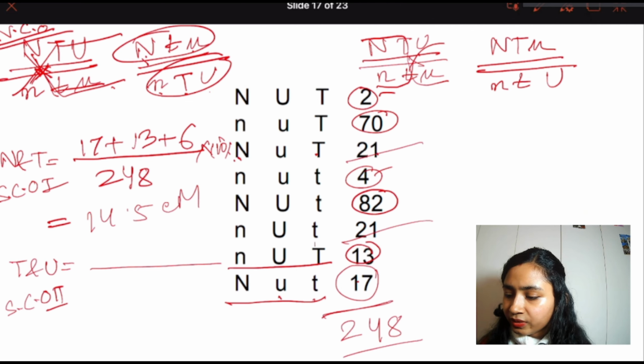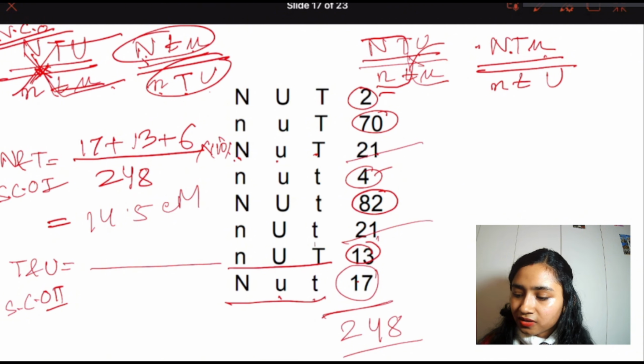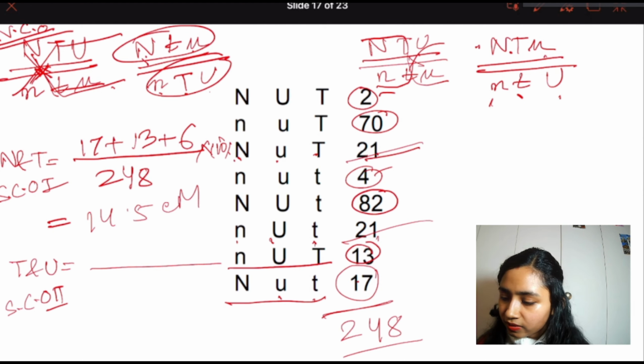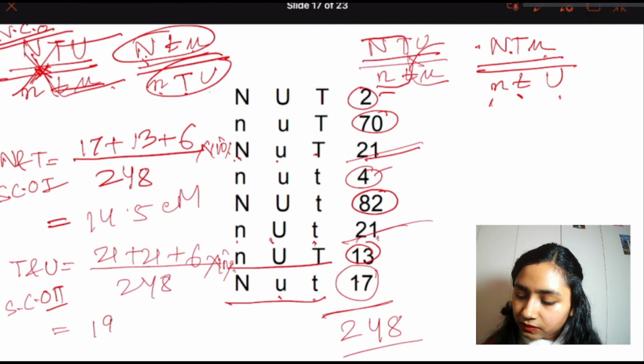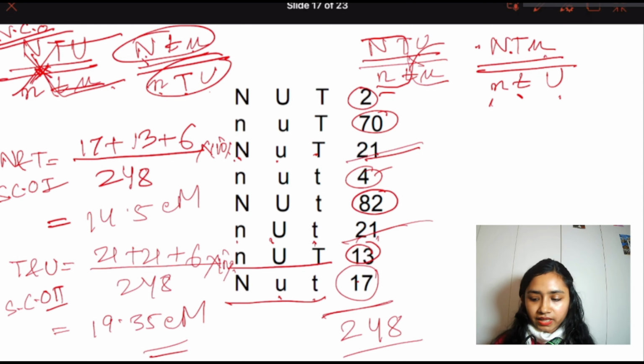Capital N capital T small u, capital N capital T small u, and here also small n small t capital U, small n small t capital U. So it's matched. So it is 21 plus the DCO, that is 6, out of 248, which gives 19.35 centimorgan. So the distance between T and U is 19.35 centimorgan.